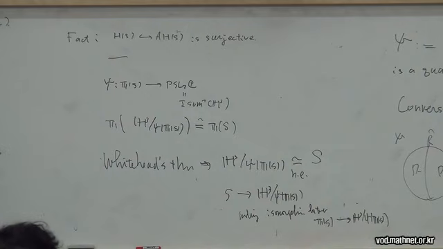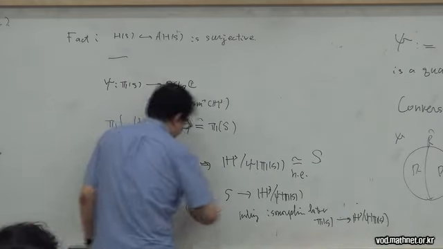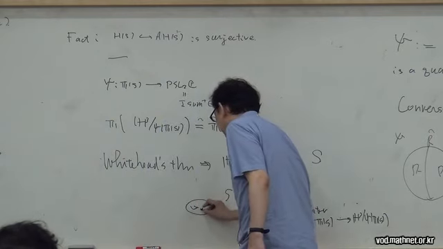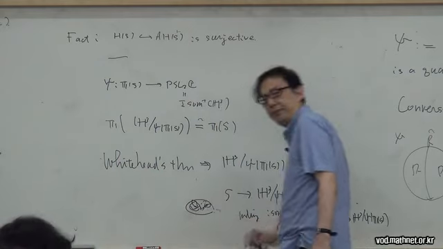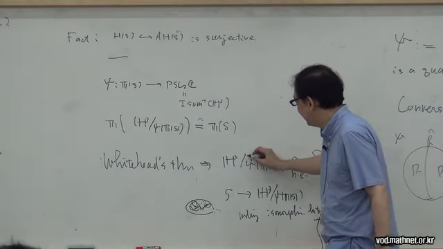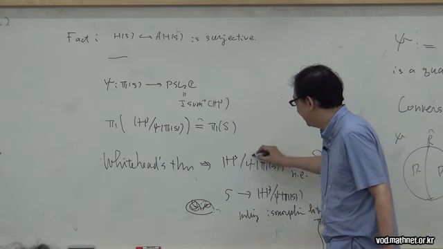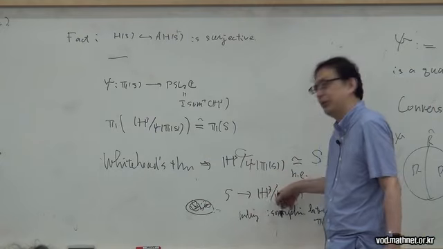How to define that? What is the definition? So you have a generator system of pi 1. Corresponding to that, you have a map. You can map it so that this isomorphism is realized.